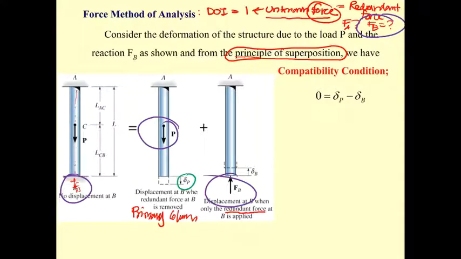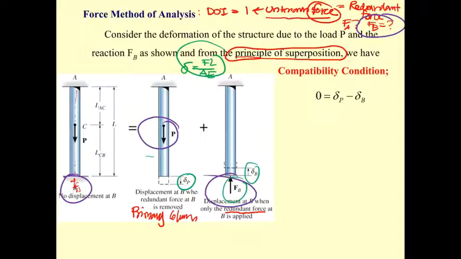What you have is that this one under the force P is going to have a deformation of delta P. You can calculate delta P using the equation as before, delta equal to FL over AE. This is the force-displacement relationship. So the force method starts by the compatibility condition, while the displacement method starts by the equation of equilibrium. Now the force P moves this one downward, F sub B moves this one upward.